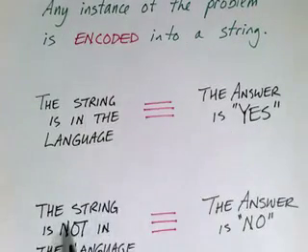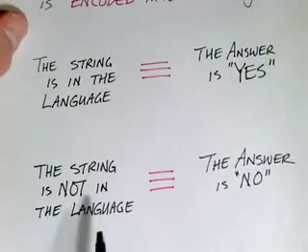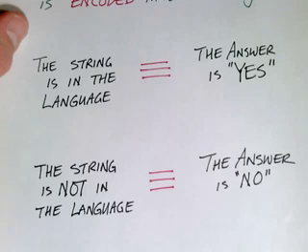And if the string is not in the language, then the answer is no. So do you see how we can use languages to describe problems? Every instance of the problem is encoded into a string in such a way that if the answer to the question is yes, the string is in the language, and if the answer is no, the string is not in the language.